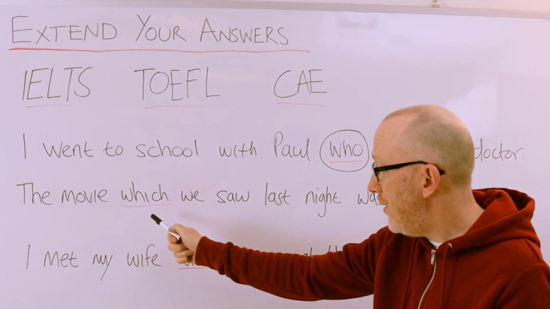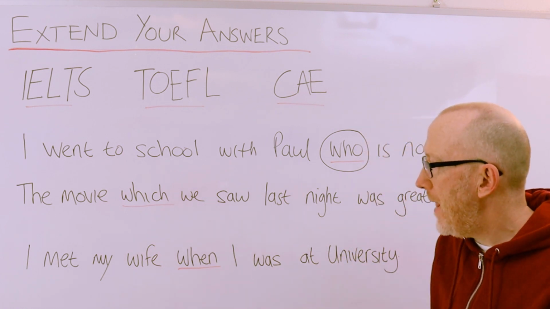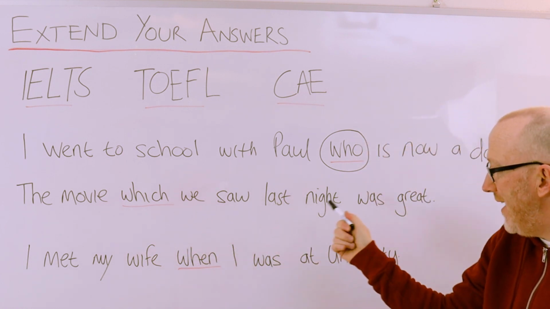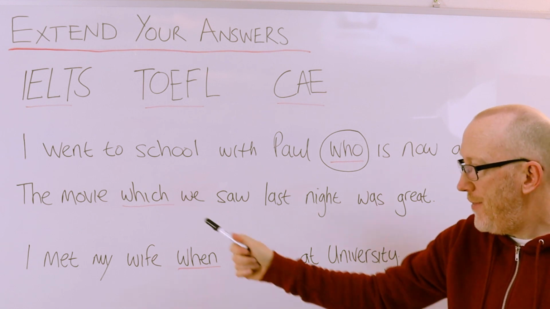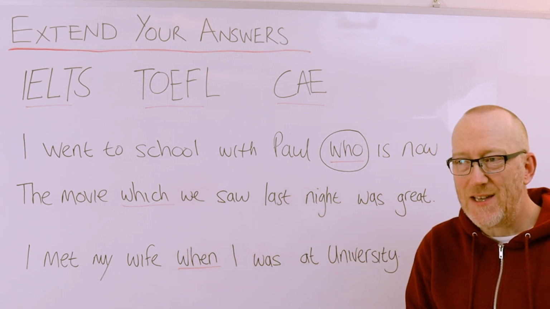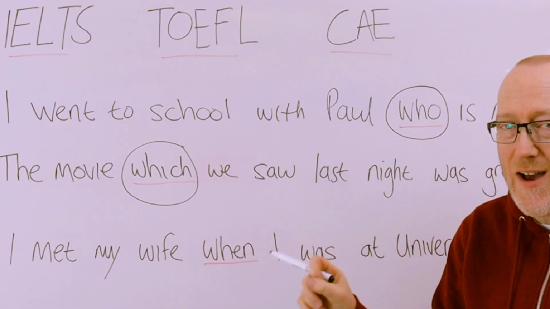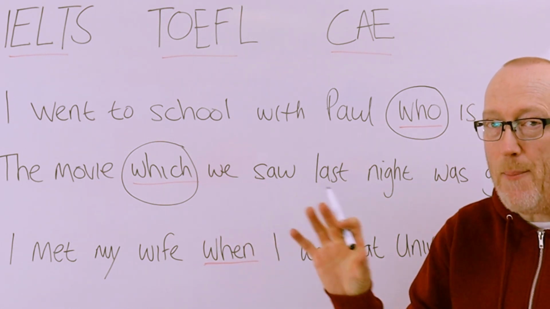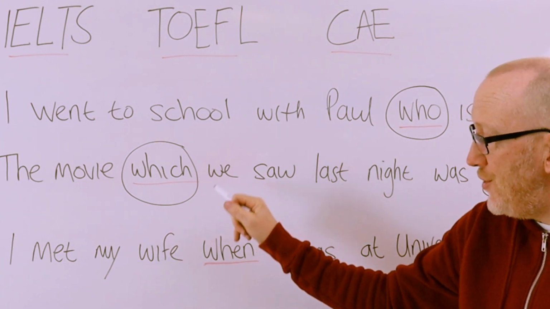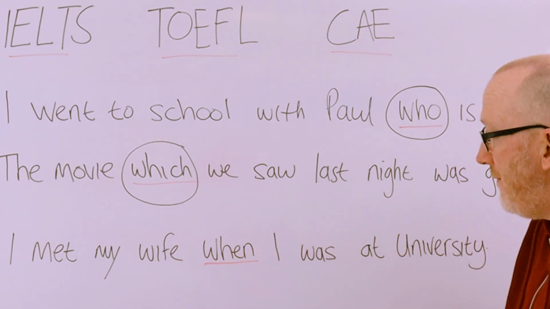Okay, let's take a look at how we can use which. The movie which we saw last night was great. So the word which, instead of linking 2 separate sentences together, is providing extra information.